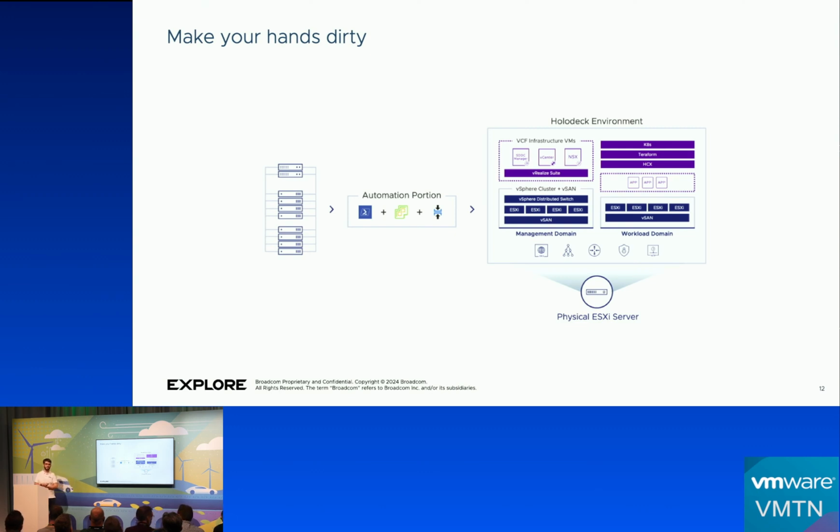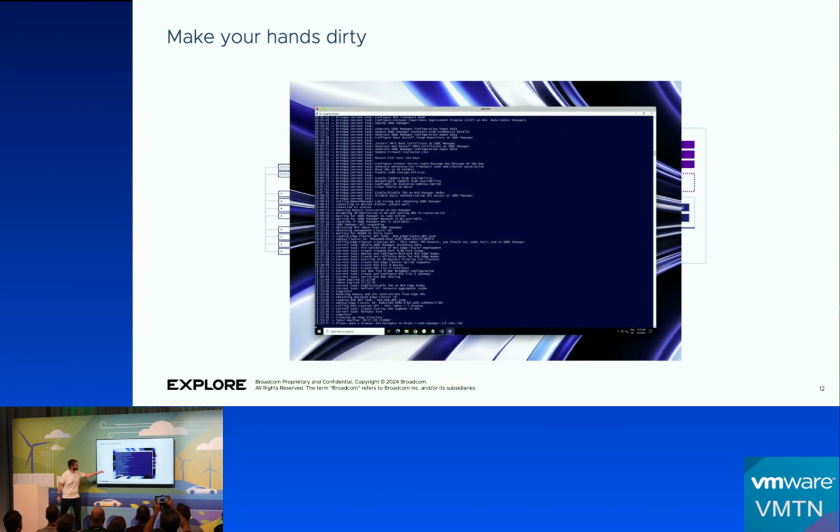Good. So Holodeck is basically a lot of automation, a PowerShell script that gives you the ability to bring up a VCF inside a single ESXi host. So your VCF deployment will be a bunch of nested ESXi hosts, and on top of that, the script is able to deploy and bring up the full management domain or even the workload domains. The script runs for a long time, deploying the nested ESXi, bringing up vSAN, bringing up NSX.